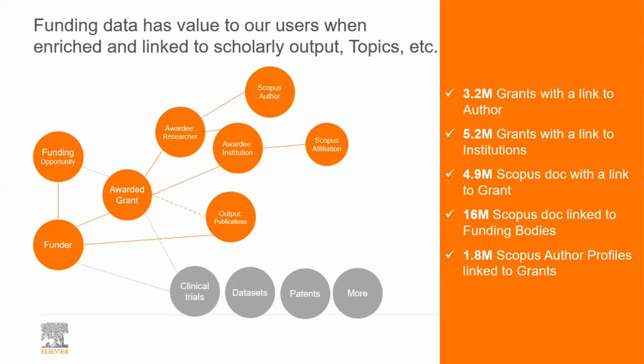And this is just an illustration of how data entities are linked to each other, starting from opportunity to funder, to awarded grant, to people, institutions, outputs, and outcomes. Next slide, please.